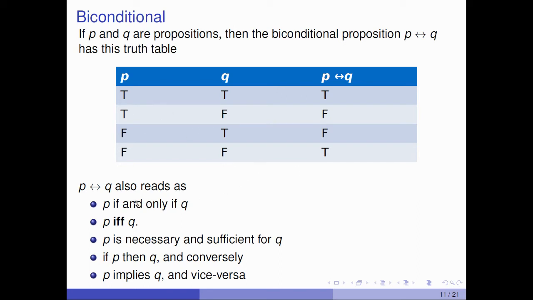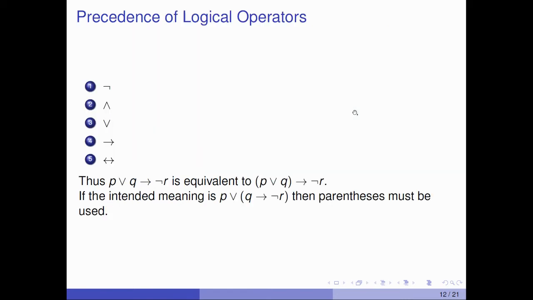So this is how you read a biconditional statement. You can pause the video and just simply take a look at it. So you have here vice versa and conversely: P implies Q and Q implies P.